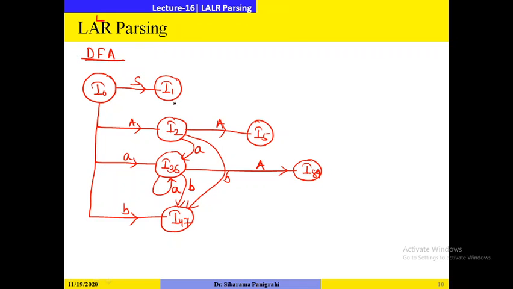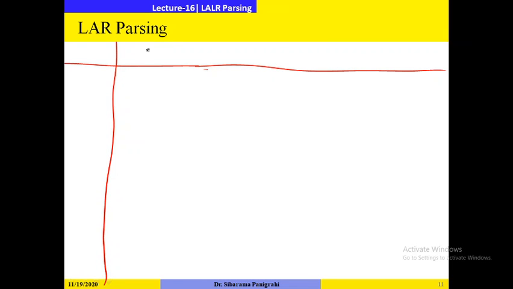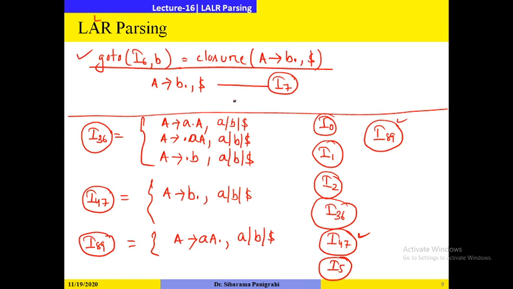Now we have to construct the ACTION and GOTO table. So here let me write the ACTION table, and here let me write the GOTO table. How many item sets are there? I0, I1, 2, 3, 4, 5, 6, 7.